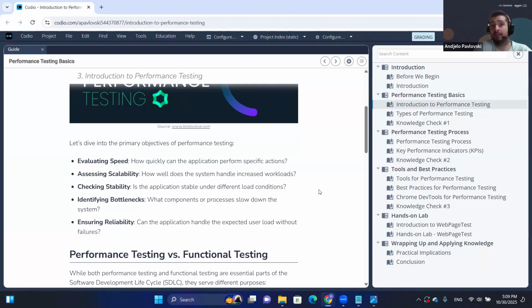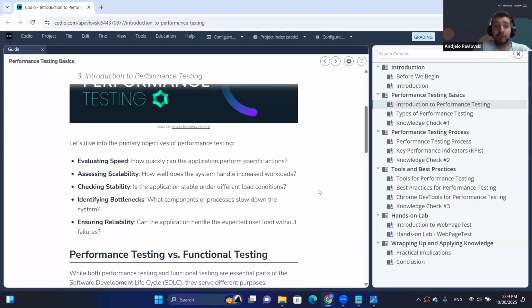We want to make sure that whatever happens with the application is in a very good flow. Meaning, let's say you have 10,000 users at one time, then you have a million users at another time, maybe you have a spike of 3 million users, then you want the application to perform the same way it did for other users. So this is a very important aspect of it. This also includes checking some load balancers, like different servers that handle the application. This is more in depth, but it refers to that as well.